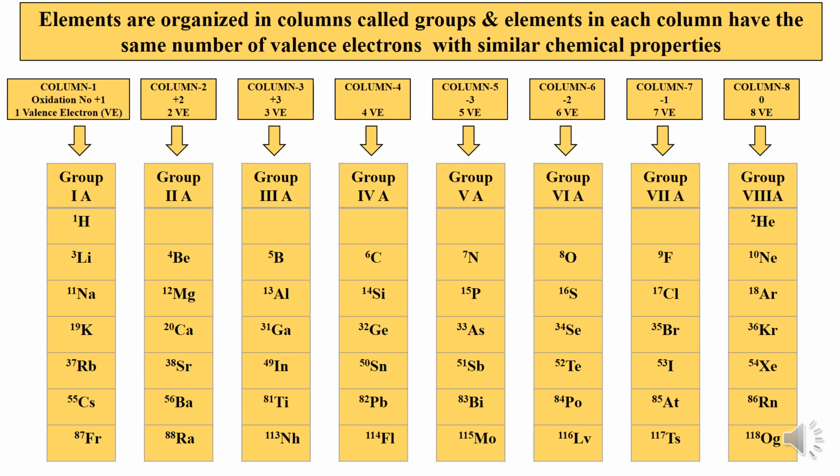And in column 8, you will find group 8 elements with 8 valence electrons with oxidation number of 0. Elements in group 8 are noble gases with stable electronic configuration, and therefore they are chemically unreactive with oxidation number of 0.